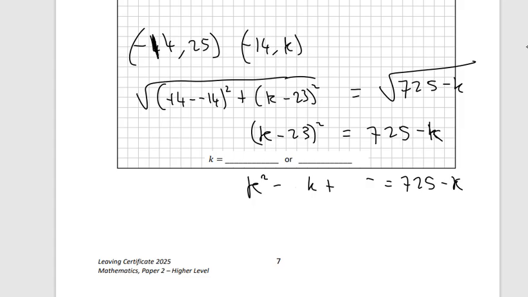Right, if you square out k minus 23 squared, that's k squared minus 46k, and we get 529 there. Bring everything across, and we get k squared minus 45k minus 196 is equal to 0.